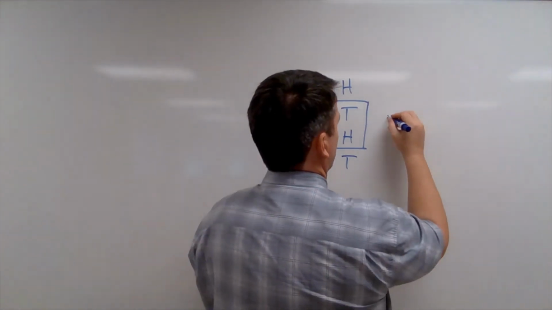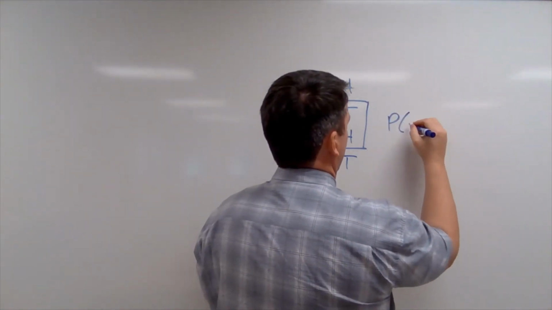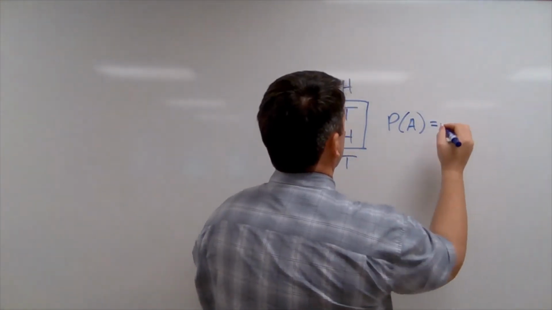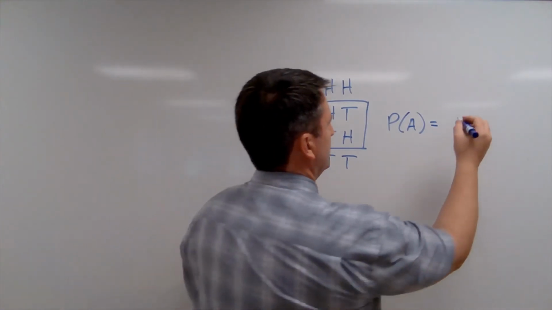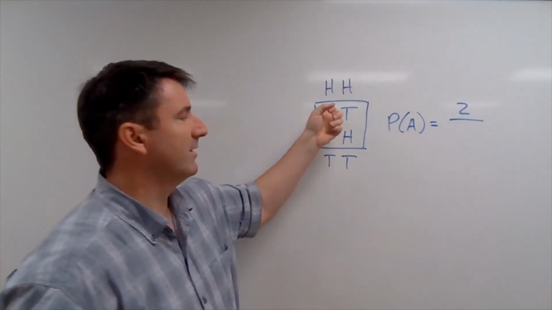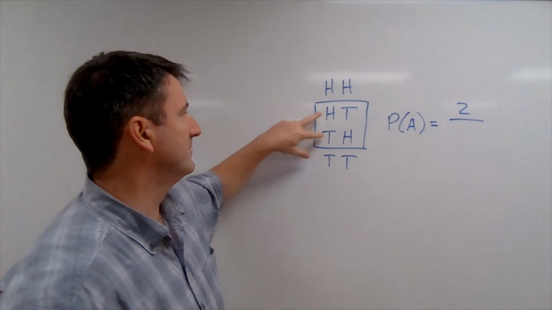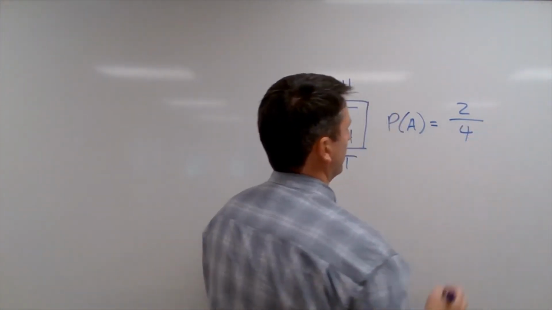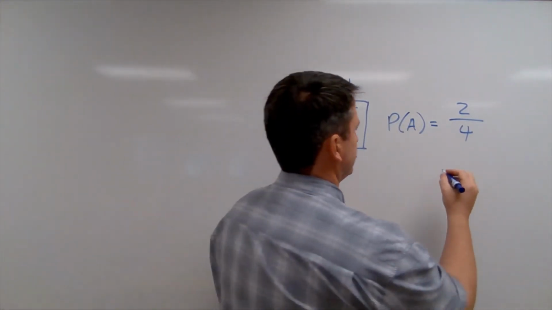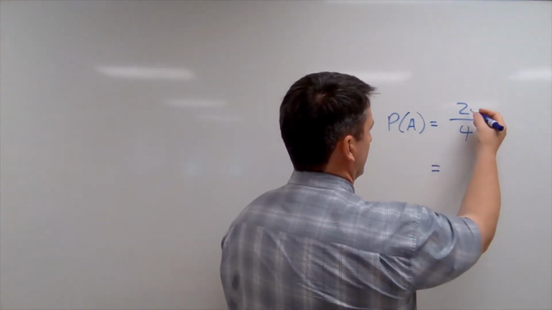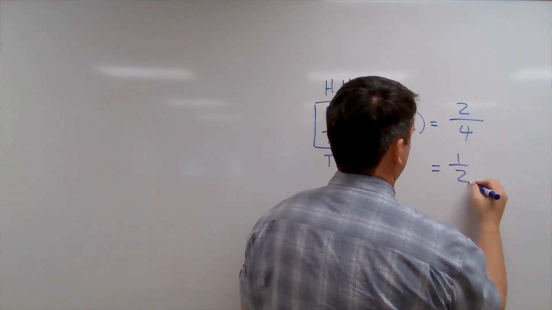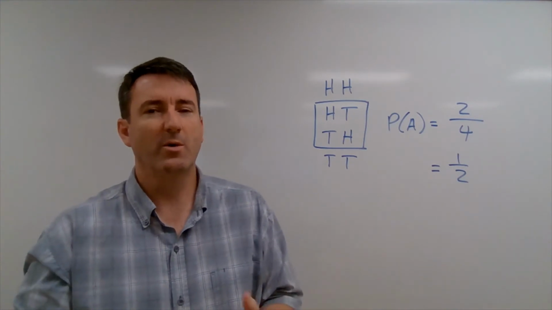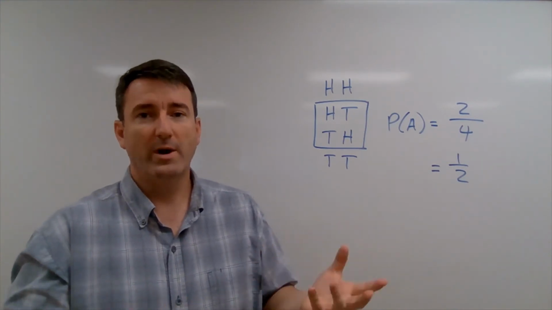So the probability of our event, which we're calling event A, is going to be 2, the number of outcomes where that event occurs, divided by 4, which is the total number of outcomes. And we can reduce this fraction from 2/4 down to 1/2. So the probability of getting exactly 1 heads, if we flip a coin twice, is 1 in 2, or 1/2.